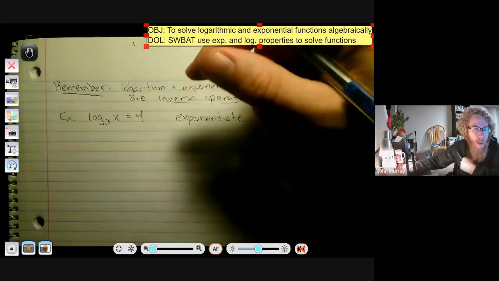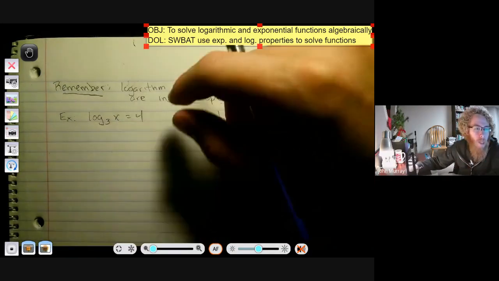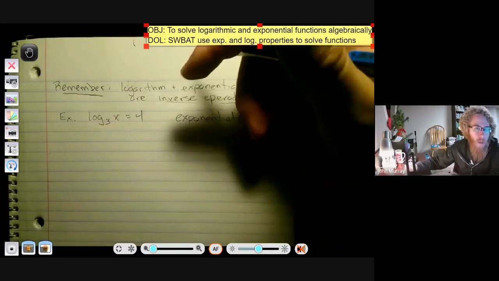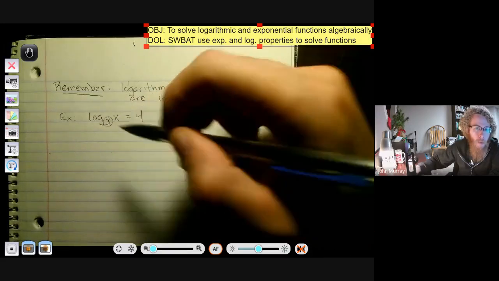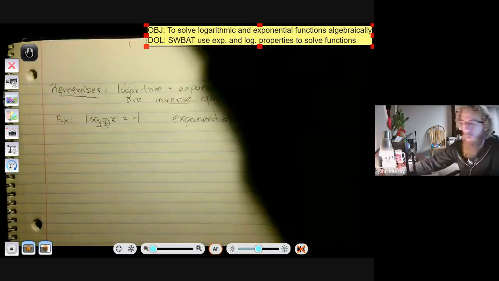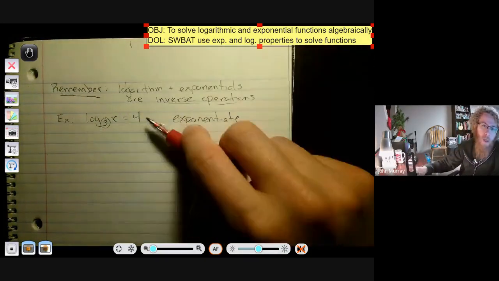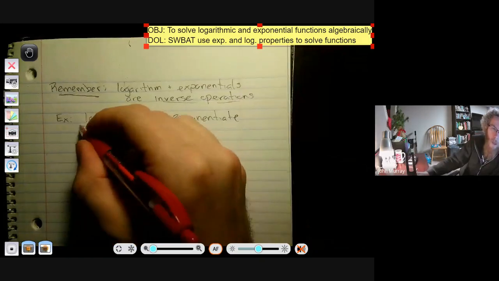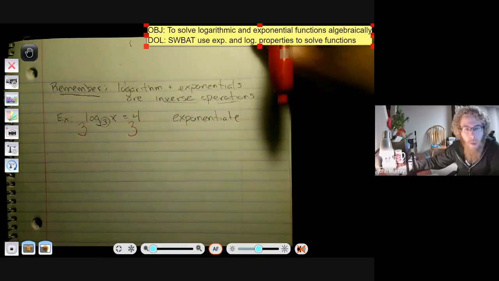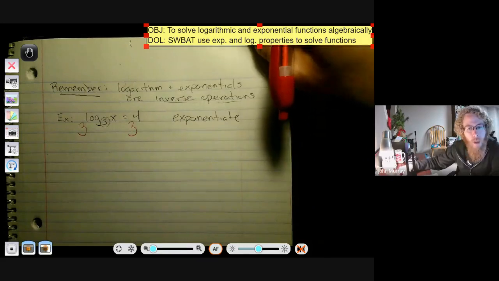And what we do is we pick the base. Now, what base do we pick? Well, that depends on what logarithm we're dealing with. So here we're dealing with a log base 3. What we do is these become the exponents, and we're going to put a big old 3 underneath them.